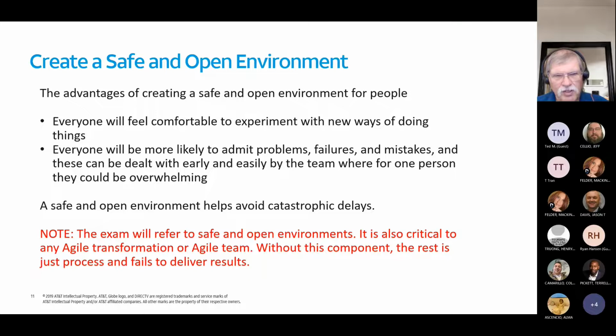The psychological safety is the most important component of having a high performing agile team and being able to go through an agile transformation, because people are not going to perform optimally the first time. If we're able to create that psychological safety, they're willing to try different things, they're willing to fail, and the results end up better.